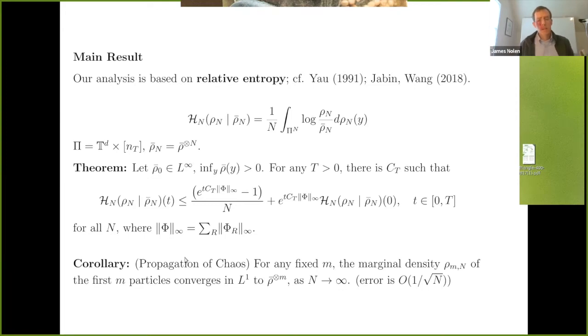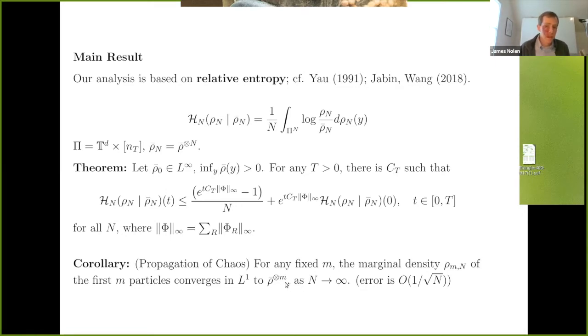One consequence of this is a propagation of chaos that says that as the number of particles goes to infinity, if you look at any fixed number of particles, say the first m, then the marginal density for those m particles converges in L1 to the density which is the m-fold product of the mean field measure.